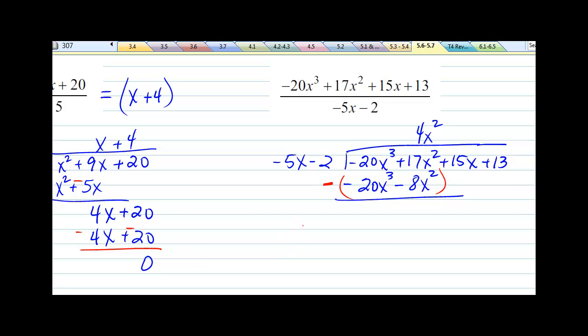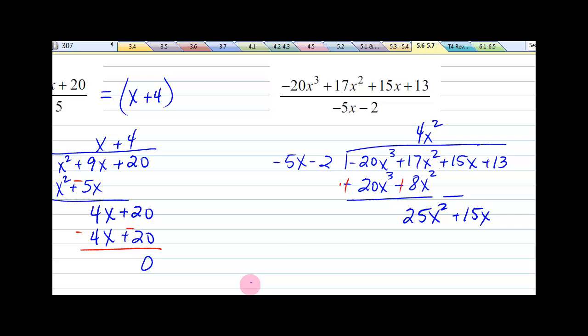I'm going to erase these for a minute, and I'm really just changing my signs. So I can change this sign and change this sign. So now it's negative 20x cubed plus 20x cubed gives me 0, and 17x squared plus 8x squared is 25x squared. Bring my 15x down.